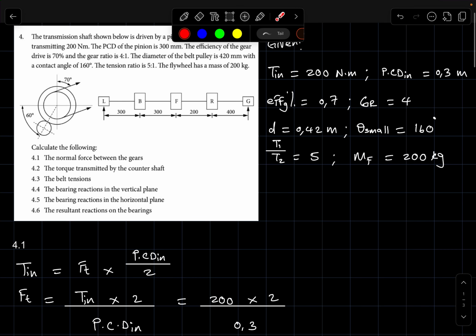how you would determine the belt force. So essentially we are done with the gear system. Now we are going to look at the belt drive system to establish the belt force. Right.